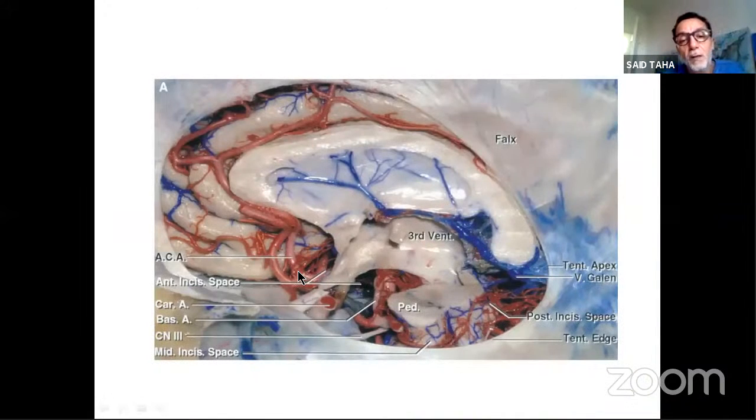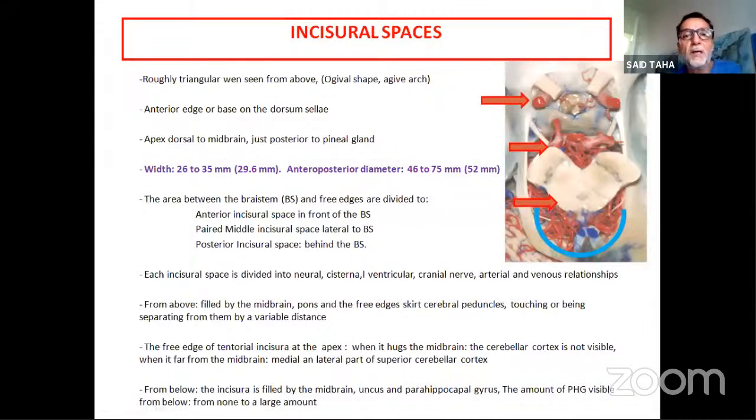Again, here the anterior incisor space is located anterior to the cerebral peduncle, and extends to the infracallosal, pericallosal region. The incisor space is divided into three parts: anterior incisor space, paired middle incisor space, and posterior incisor space.